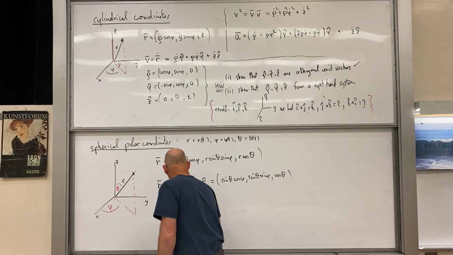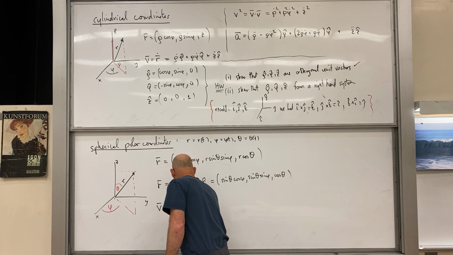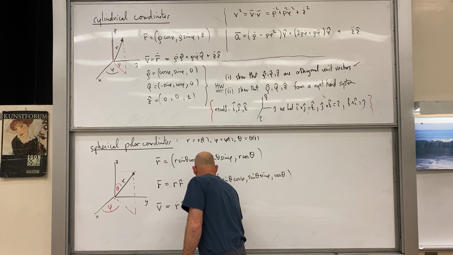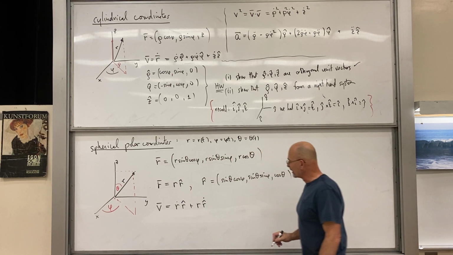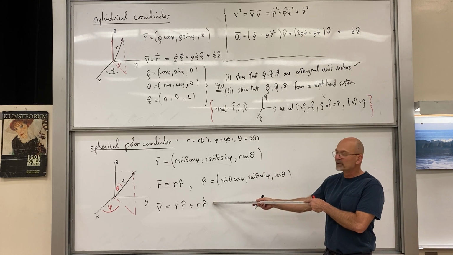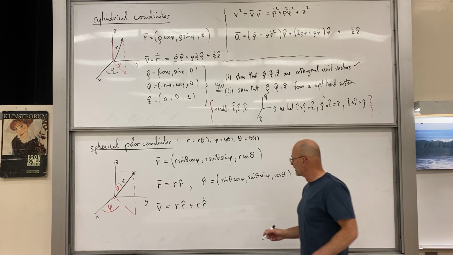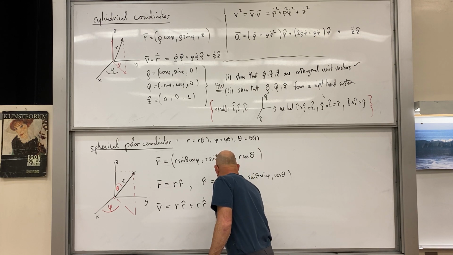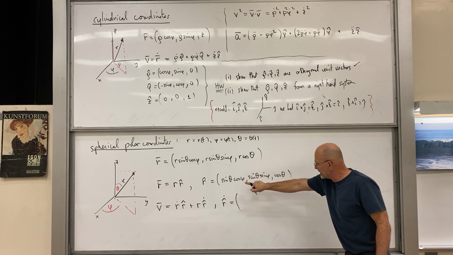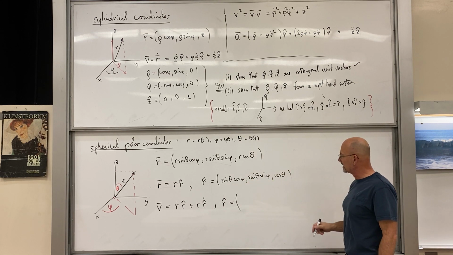v is equal to r dot r hat plus r r hat dot, and we can see that the time derivative of this thing is going to cost us a little bit more work. r hat dot is equal to, we do each slot here separately.